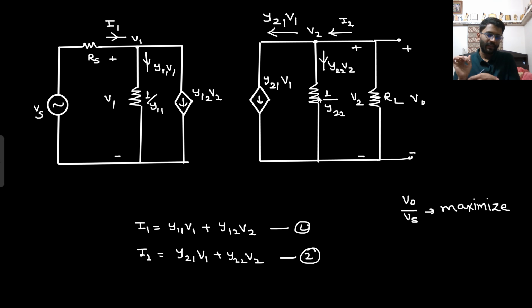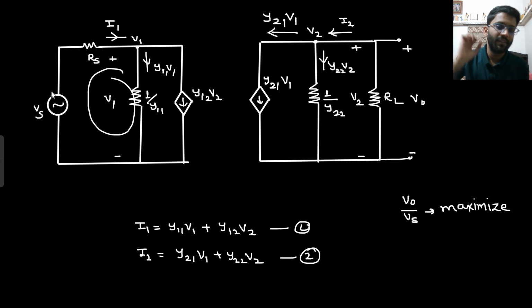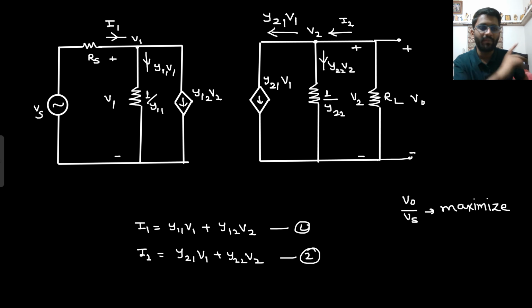resistance RL. So first thing is that I need to maximize V1. If my V1 is maximum, then there is high chance that I will get V0 to be maximum, because this V1 is getting amplified by the factor of Y21. So I need to maximize V1. This is my primary target. And V1 is coming from Vs. So how to maximize V1?